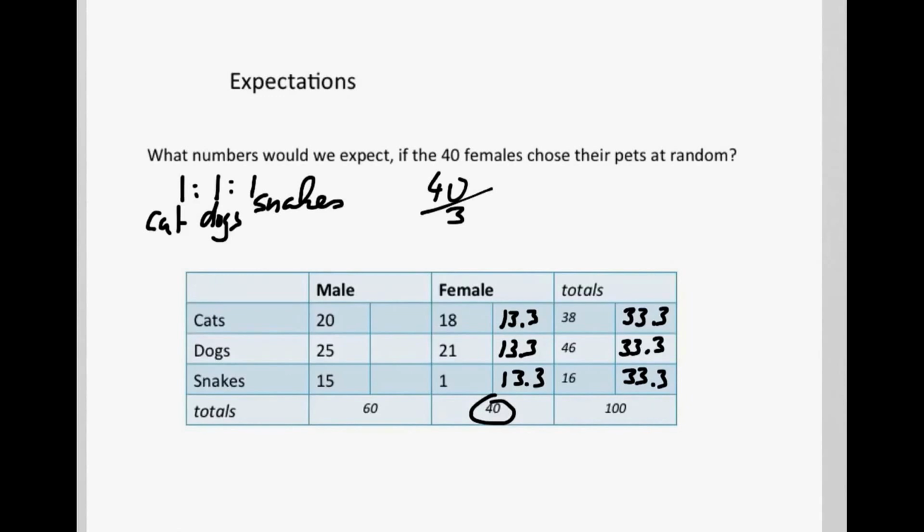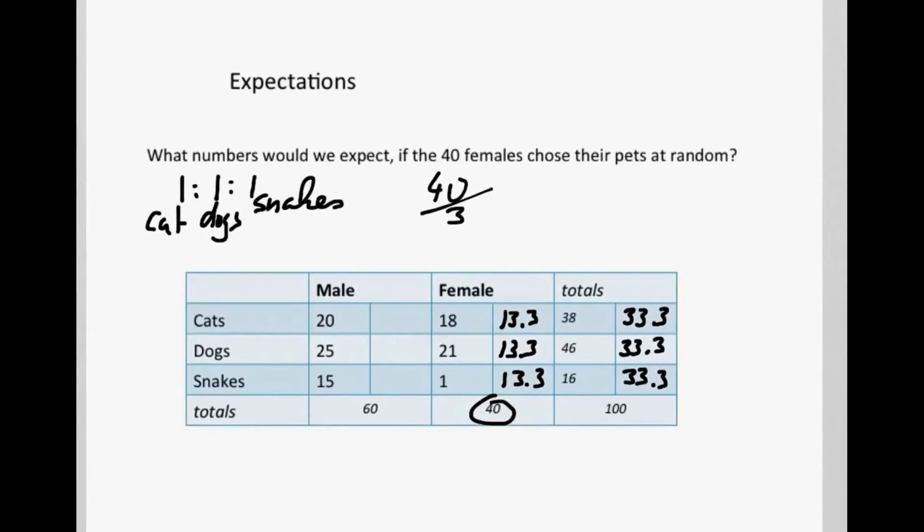Okay, so if the female participants were to choose their pet randomly, we would expect 13.3 to choose cats, but in fact 18 have chosen cats. 13.3 would choose dogs, 21 have chosen dogs, and again 13.3 would have chosen snakes, and in fact only 1 has chosen snake as their preferred pet.